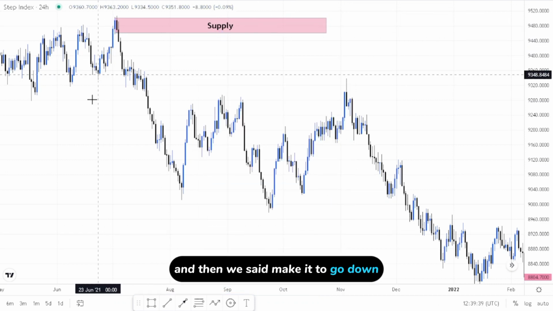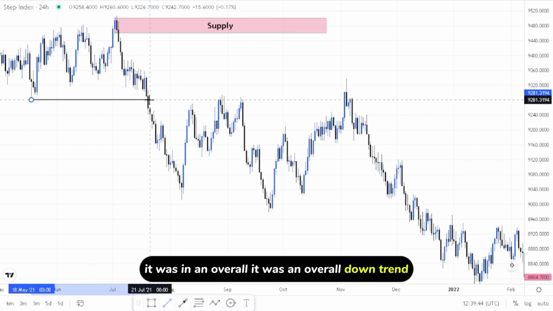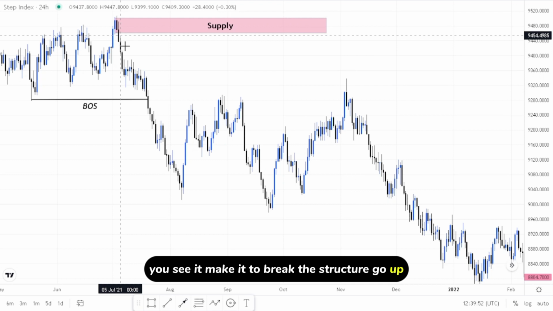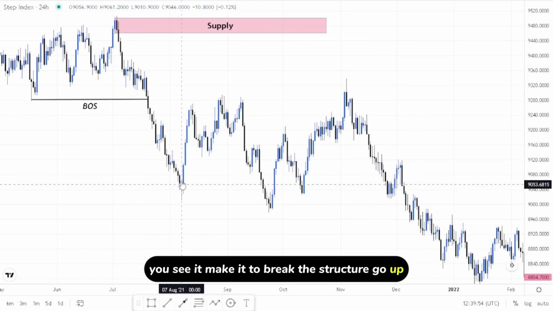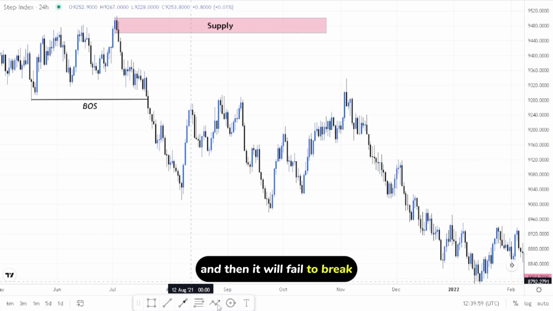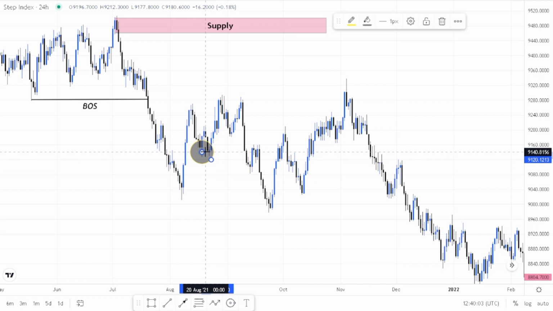And then we said market will go down, so this is our break of structure right here. This was an overall downtrend like this, right? We said market will break the structure, go up, and then it will fail to break here. Here it failed to break.